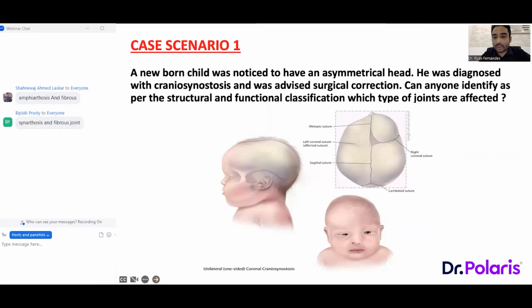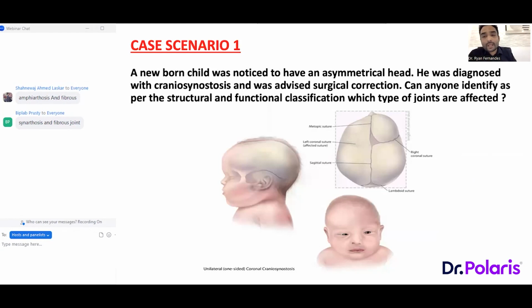Yeah, we have someone else. Yes, Biplab, can you switch on your mic? Can you unmute yourself so that we can have a small discussion?